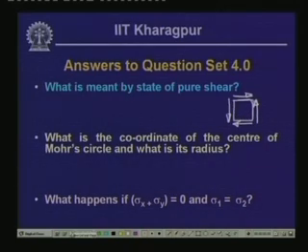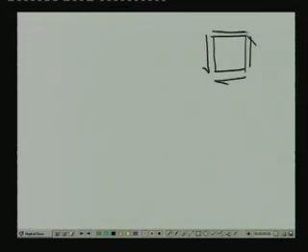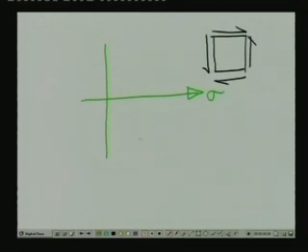Now, if we look into the Mohr's diagram corresponding to this particular state of stress, we have a stressed body in which the state of stress is in the form of shear alone, and if we try to represent this in terms of the Mohr circle, then this is our reference axis sigma and tau.